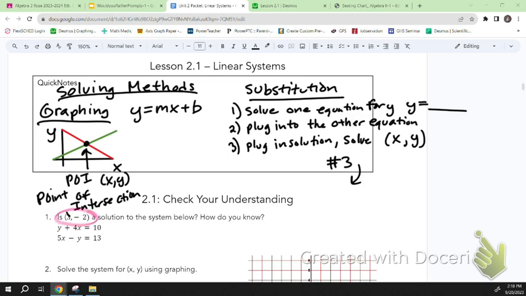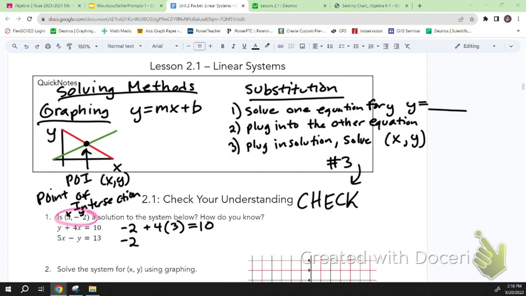They told us the x and the y, like the answer. So I'm going to take my y and replace it with -2. I'm going to take my x and replace it with 3. And I'm going to see if it works. So I'm going to check it. This is a check. We know the answer. We're checking it in the system.